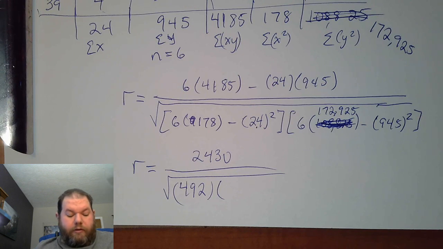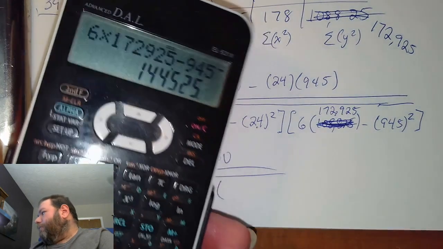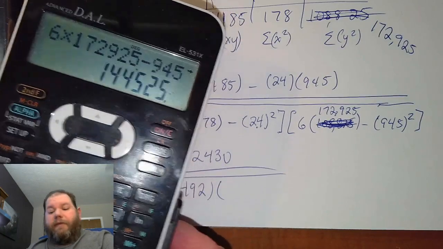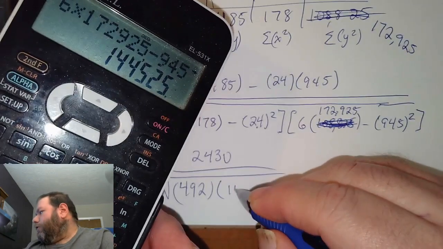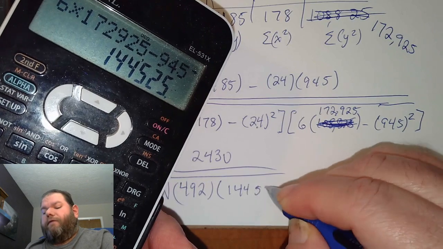Minus 945 squared. Yeah, this gives us a much better number. It's positive, that's the main reason, but 144,525.